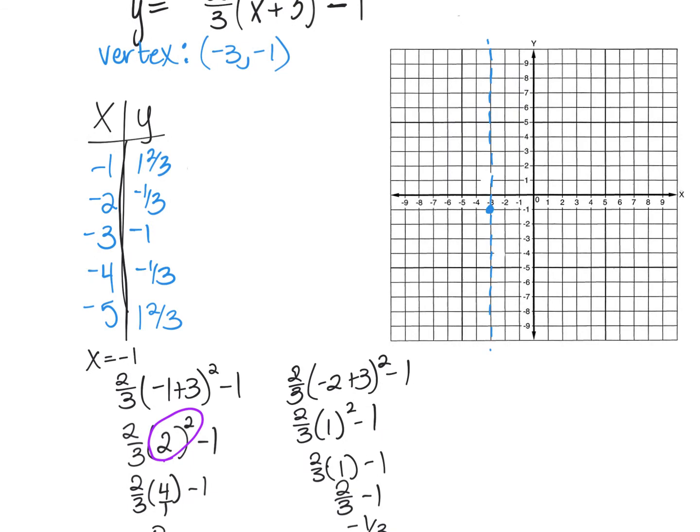Now that I have those points, I already have -3, -1 on my graph. Now I'm going to graph -1, 1 and 2/3. So that's about here. 2/3 is more than half. You're just estimating. It doesn't have to be perfect. Then I have -2 and -1/3.